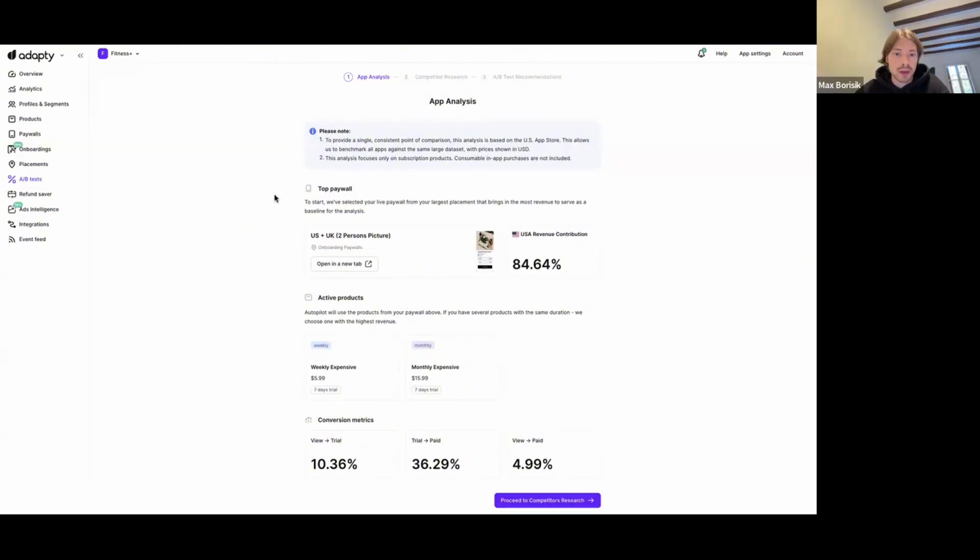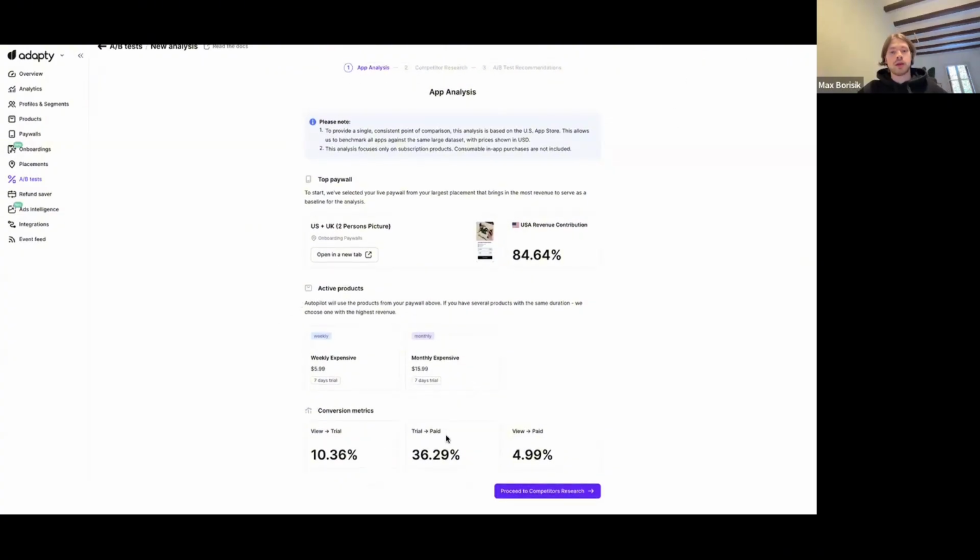Also at the bottom, you can see the conversion metrics of your paywall. In the future, we'll add more data here, so it will be easier for you to understand the overall situation of the app. This snapshot is not something very insightful, just a reminder of what happens on your paywall.